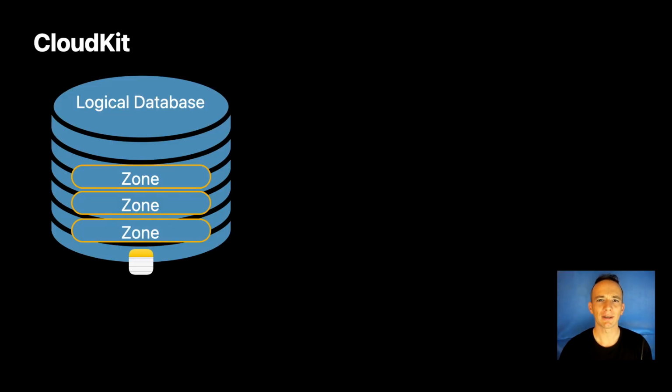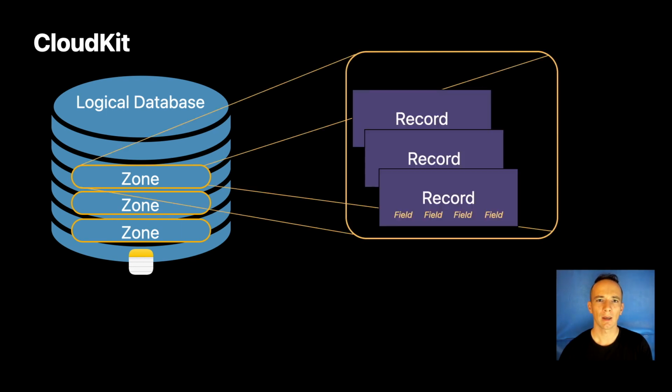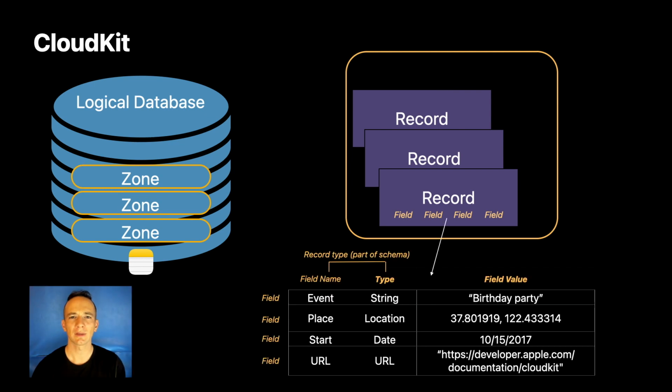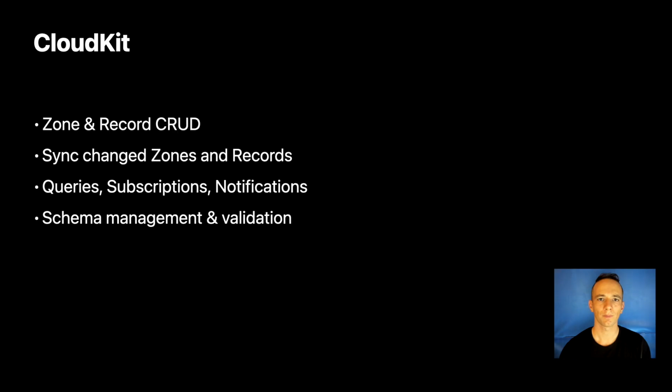On top of the record layer, CloudKit maintains logical databases for each user and app. Each logical database in CloudKit is divided into zones. Zones are a useful way to organize data. Each zone contains records. Records are the basic unit of storage. Each record is a dictionary of key value pairs called record fields. Fields can contain simple value types, for example strings, numbers, dates, or more complex types.